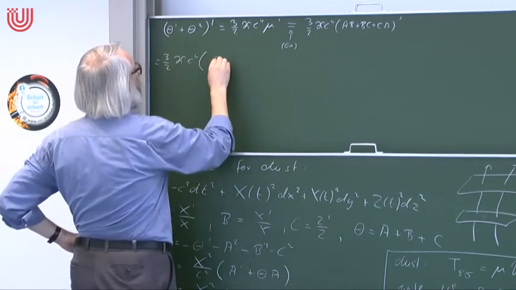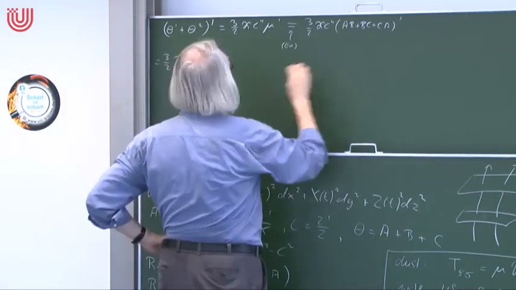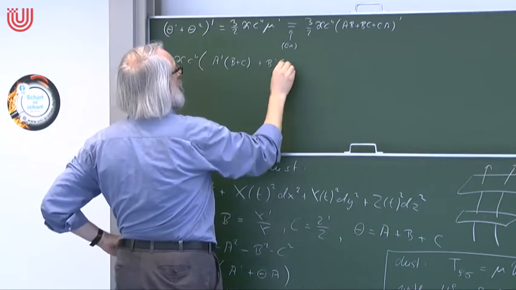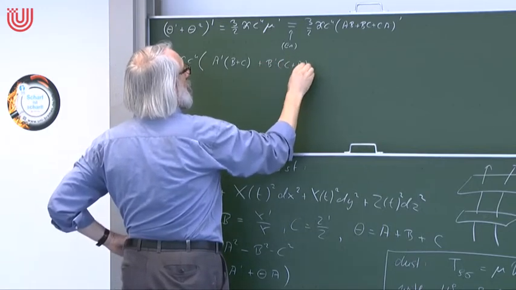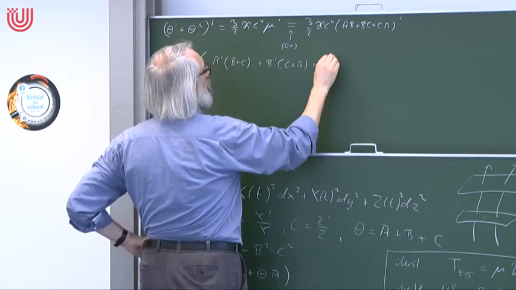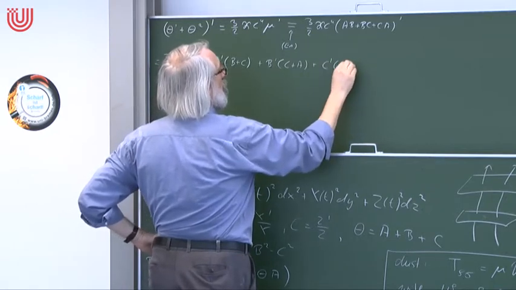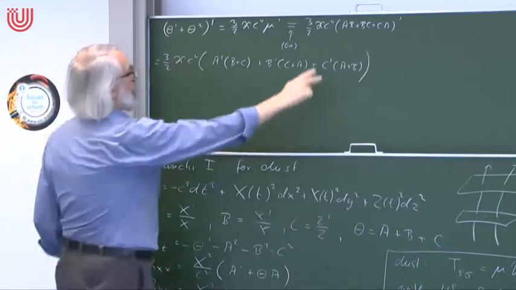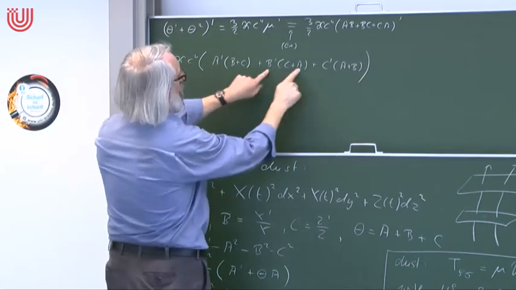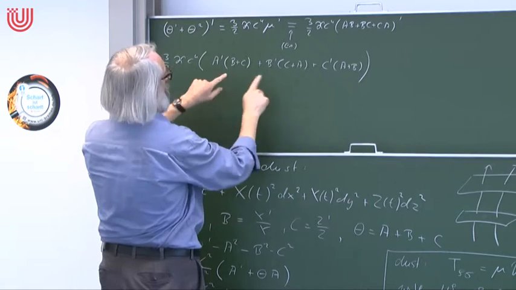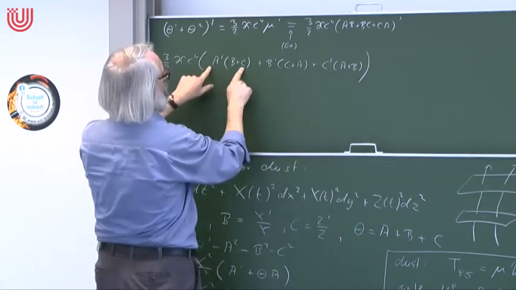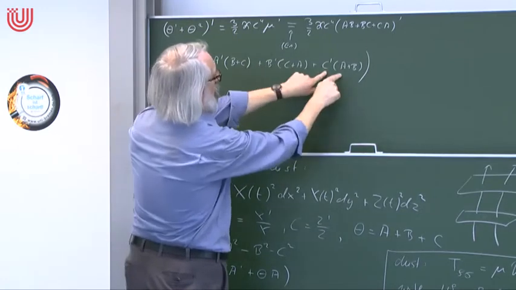So it is A prime B plus C plus B prime C plus A plus C prime A plus B, just with the product rule. If I differentiate the first one, I get A prime B plus B prime A. The second one, B prime C plus C prime B. And the third one, A prime C plus C prime A.